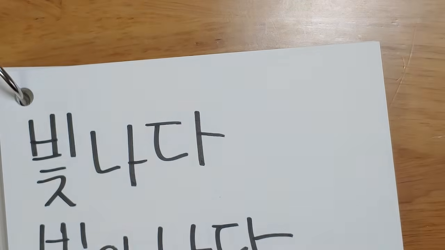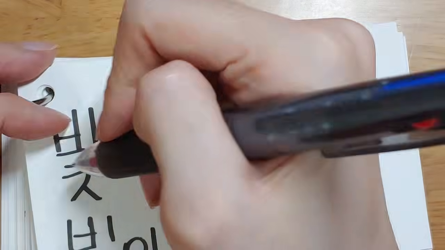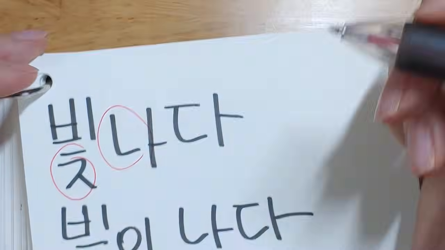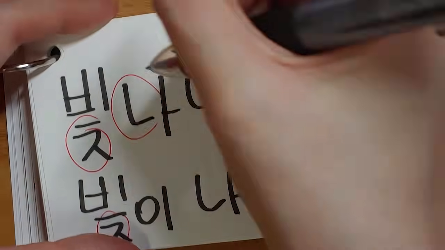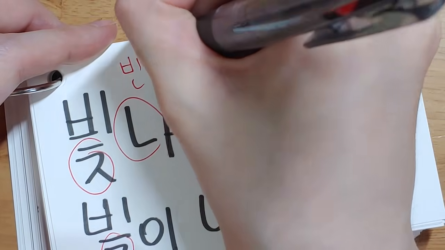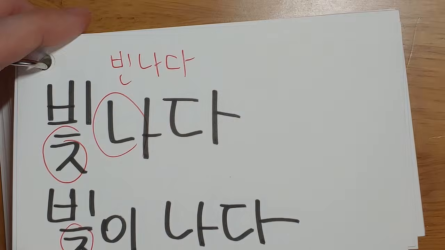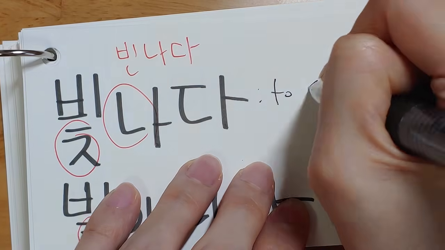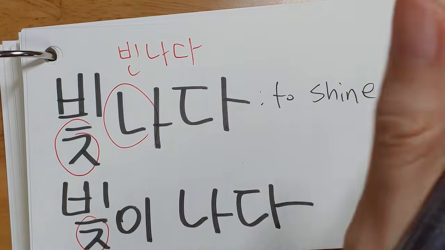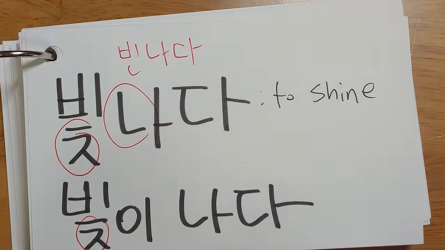만나요. 그 다음에 same with 으 combined with 느. So this one should be pronounced 빛나다. And 빛나다 means to shine. And to break down this word, 빛 means light.